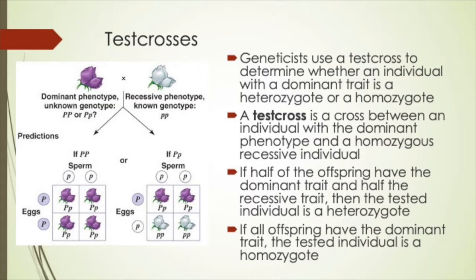So we talk about test crosses. Geneticists can use test crosses to determine whether an individual with a dominant trait is heterozygous or homozygous. Whenever you look at a specific organism, sometimes you're not going to be able to tell if it's heterozygous or homozygous, right?